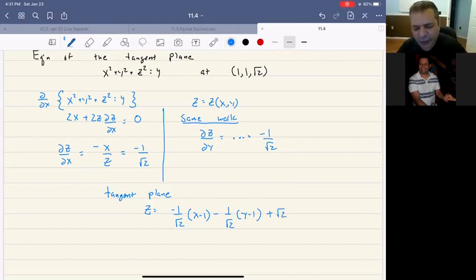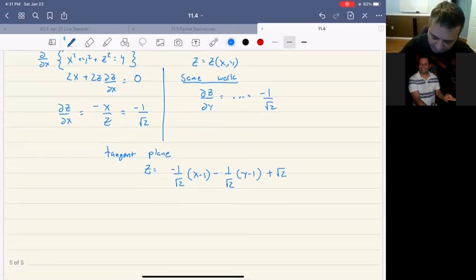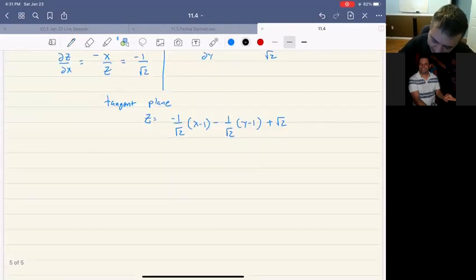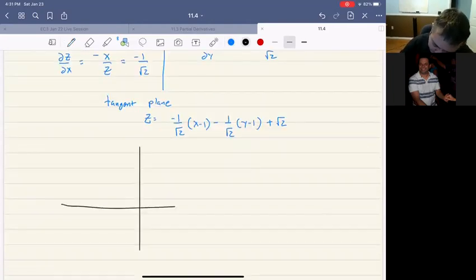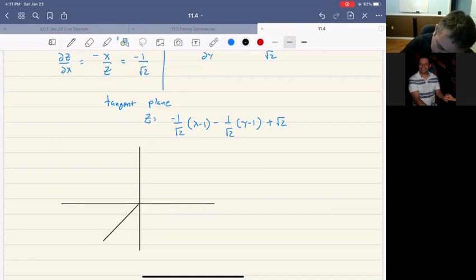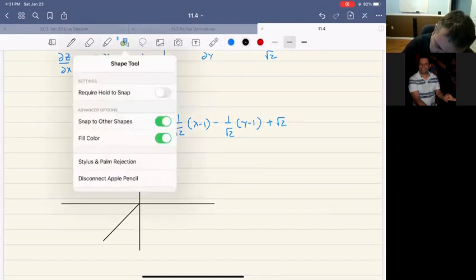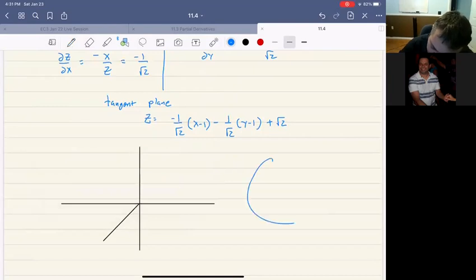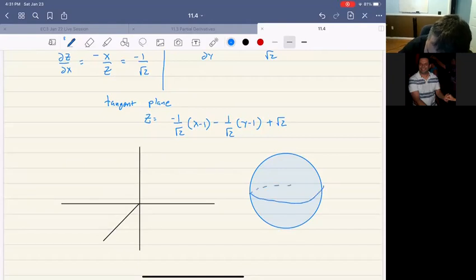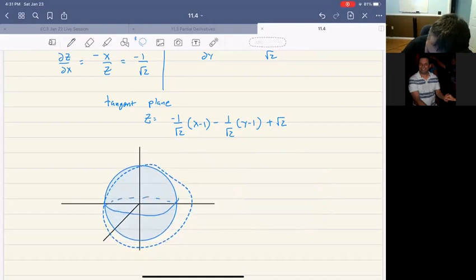So what's going on? Let's sort of see a little picture of what's going on here. Okay, so we've got this sphere. Let's put it here.